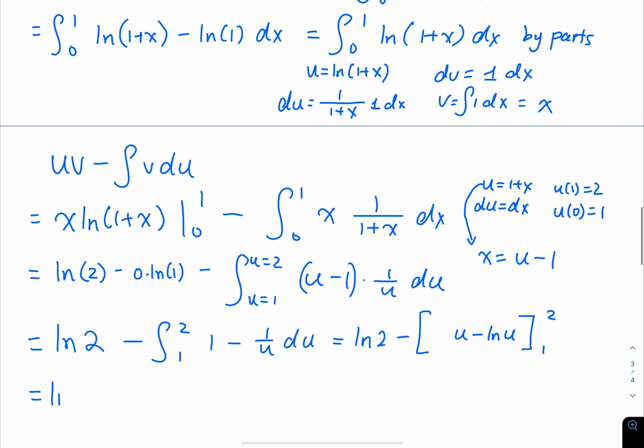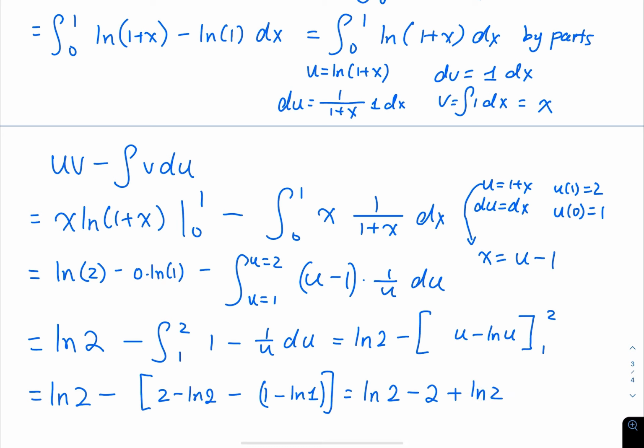And then we have ln 2 minus, plug in 2, 2 minus ln 2, and then plug in 1, minus (1 minus ln 1). What do we have? We have ln 2 minus 2 plus ln 2, and then minus 1, minus minus is a plus 1.